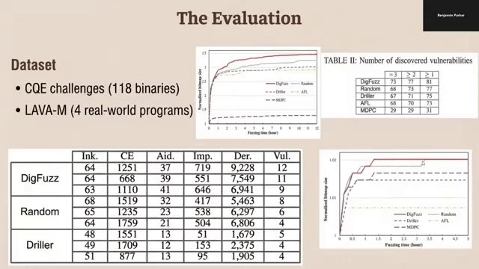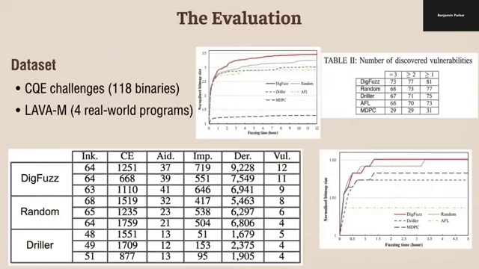Now let's look at how this actually did in reality. The authors tested DigFuzz against the same 118 complex binaries from the DARPA dataset. But in addition, they tested against 4 real-world programs from a LAVA-M dataset, pitting it directly against standard fuzzers and the older hybrid models we just discussed.